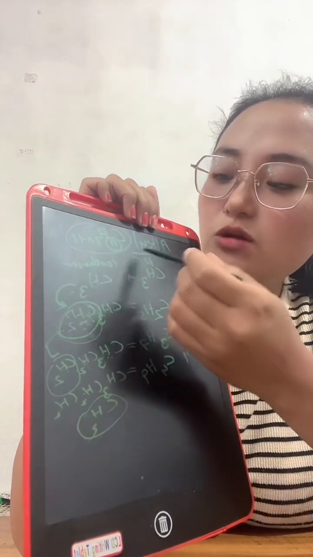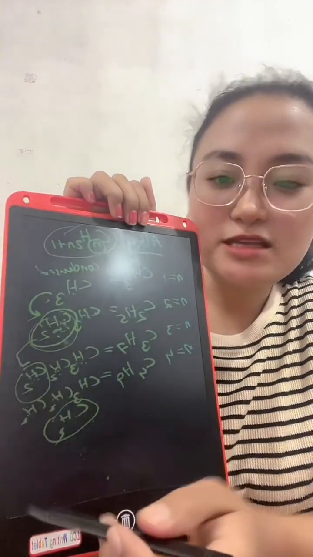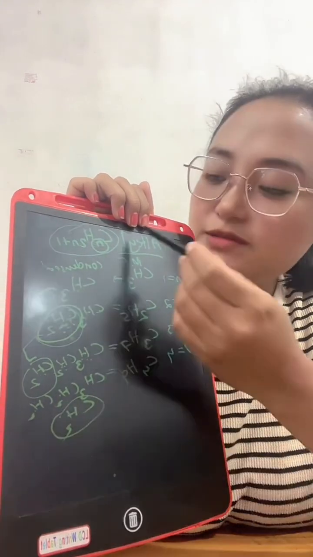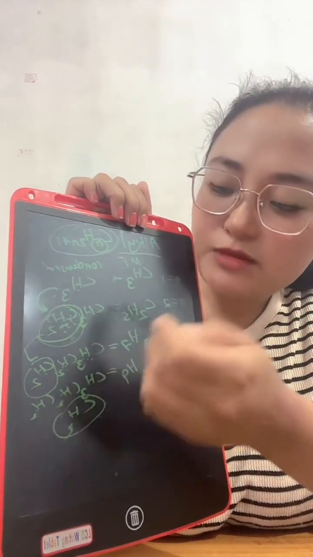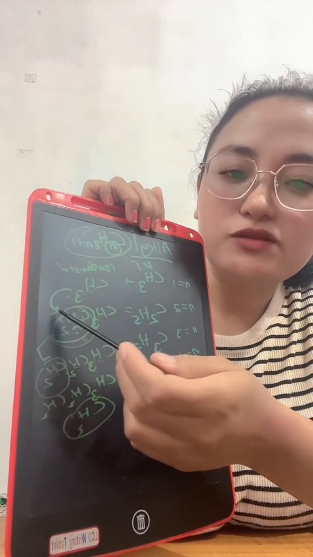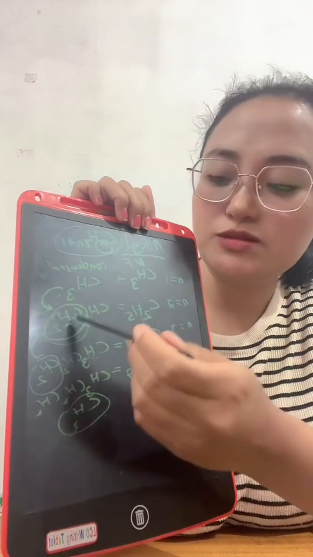So we call them a homologous series, which is a series of organic compounds that have the same general formula and similar structure, in which the successive member differs by one CH2 group.